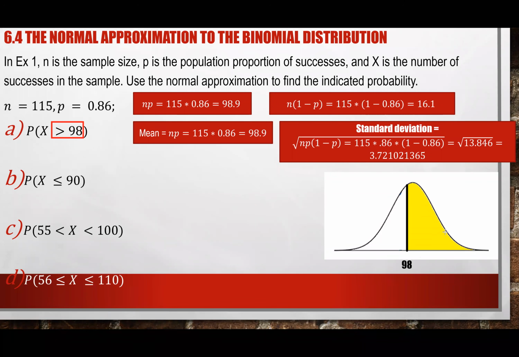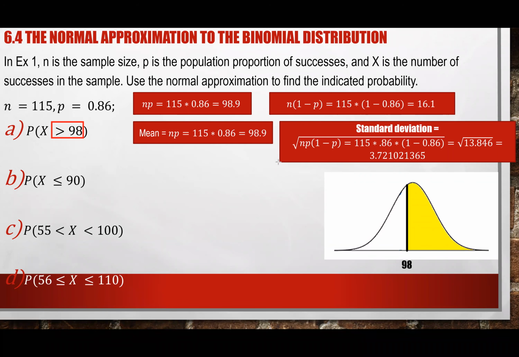Do you agree that anything to the right of 98 is bigger than 98? The 99 question, the 100 question, the 101, up to 115. Again, what is the probability of you taking the test and having 99 questions correct, or 100, or 101, up to 115 questions correct, right?